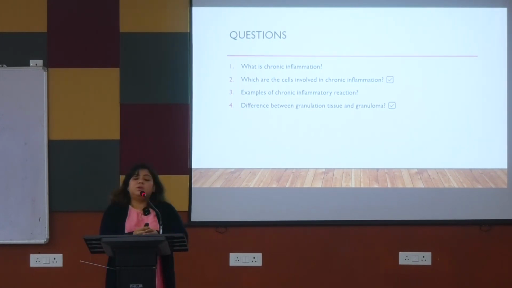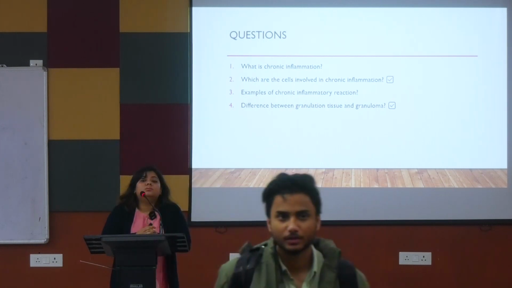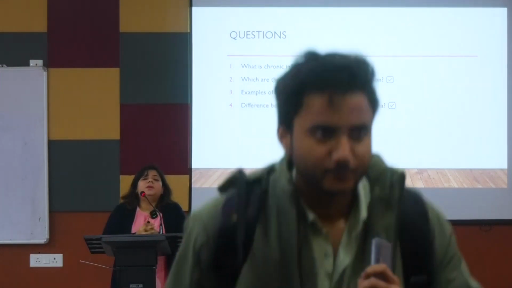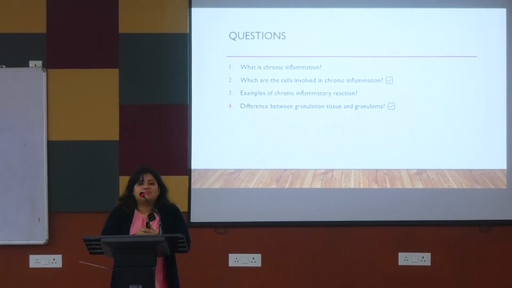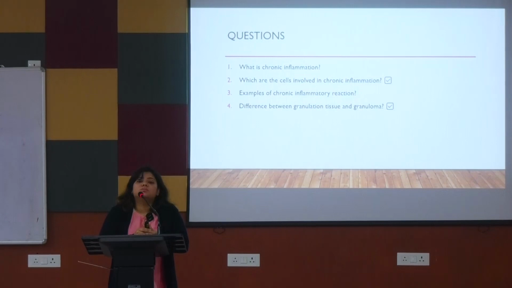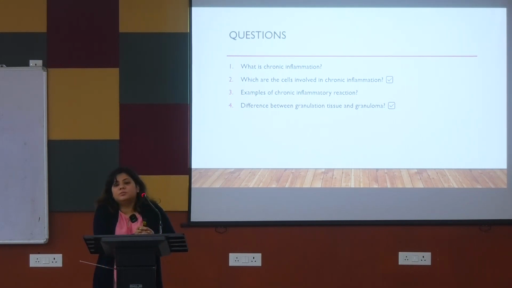And do you know the difference between granulation tissue and granuloma? Please stand up and tell me your name. First, tell me your name. Okay. So granulation tissue formation is not an example of chronic inflammation.